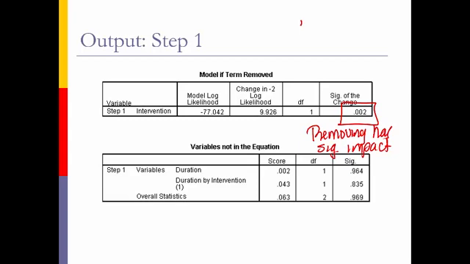All right, then we look at the variables that are not in the equation, and we look at their significances. Well, they are all not significant. So this is essentially telling us that we should not add these variables because they're not going to make an impact in the model. So it looks like the only term that we really should have in the model is the intervention.